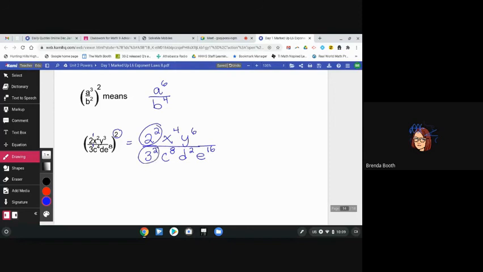So it's not really considered simplest form to leave them as a power. So 2 to the power of 2 is 4. So I'd have 4 x to the 4, y to the 6. In the denominator, I'd have 9, c to the 8, d to the 2, e to the 16. So it started off looking fairly complicated, but when you start breaking it down piece by piece, it's actually not too bad.